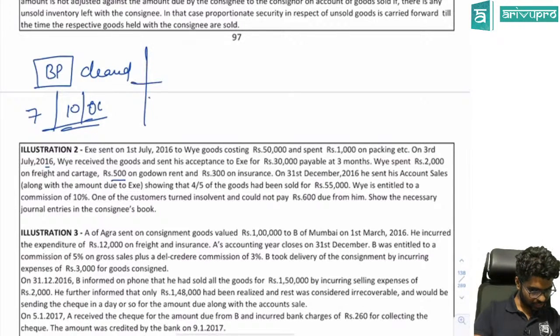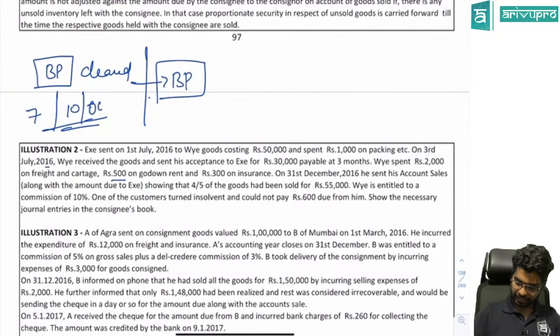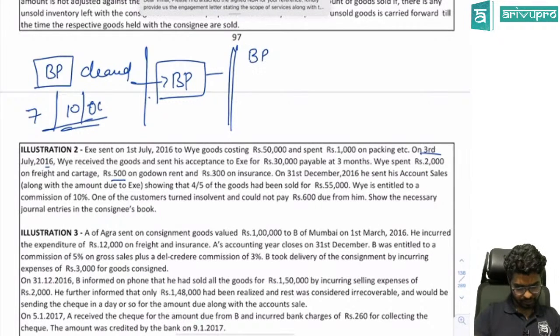So what's the journal entry for bills payable? Because the bill, again I told you, was on 3rd. What's going to be the journal entry? Bills payable.